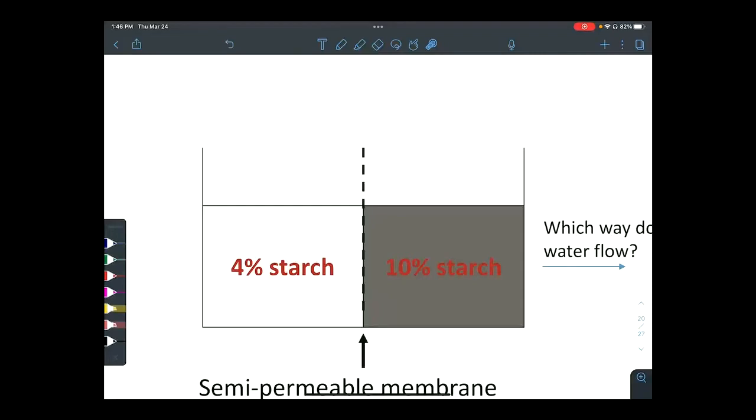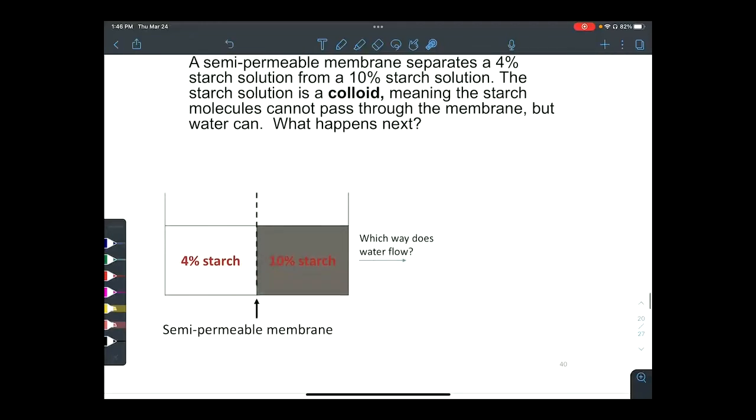Which way will water move? And note here, yes, the starch molecules cannot go through the membrane, only water. Okay, which way will water move? Why don't we just point? Which way? 1, 2, 3, go.